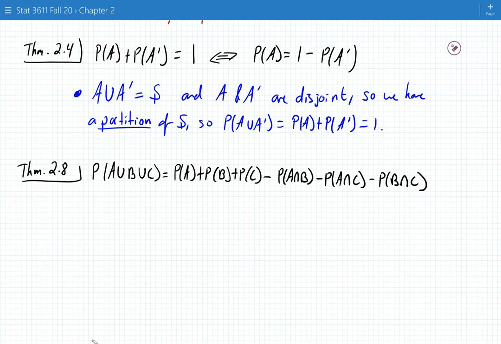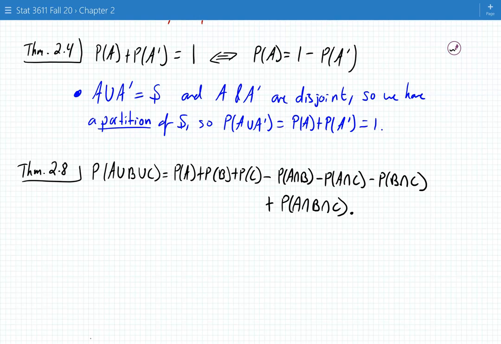That's not too bad to do. That when you subtract the paired intersections, you've actually subtracted the triple intersection 1 too many times, and so we have to add that back in. This is our sort of inclusion-exclusion rule, if you will. So when you have 3 things, we're looking at this.